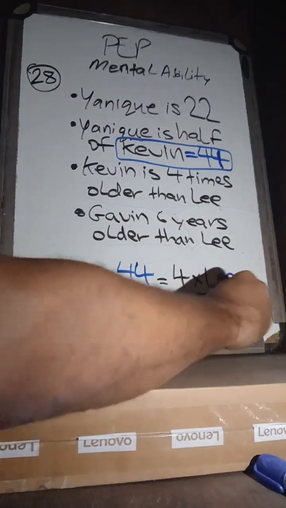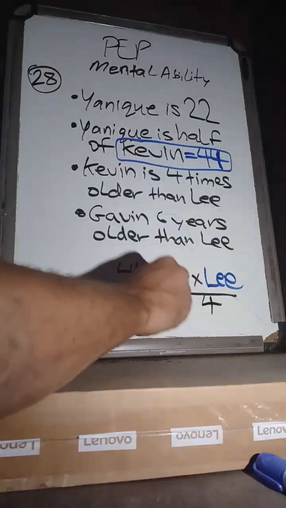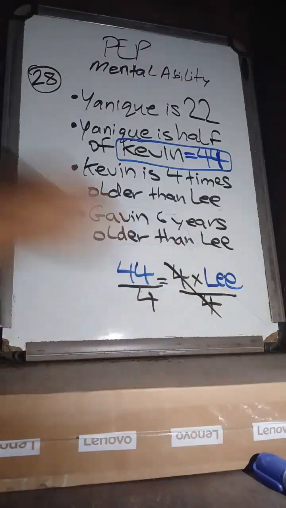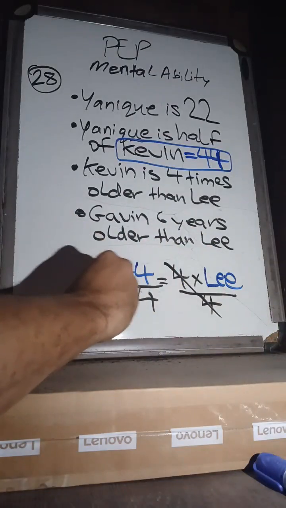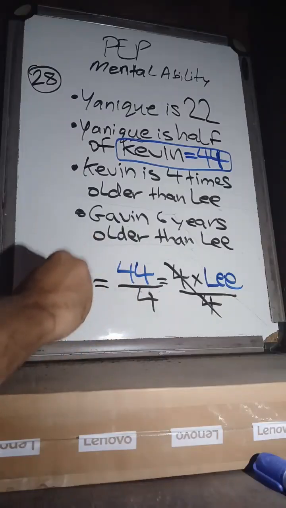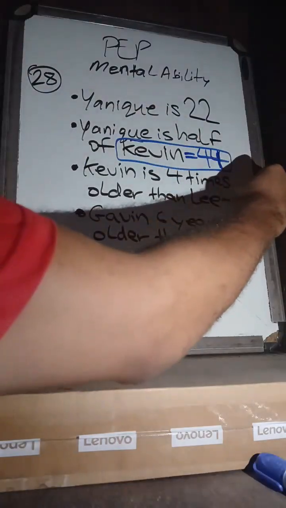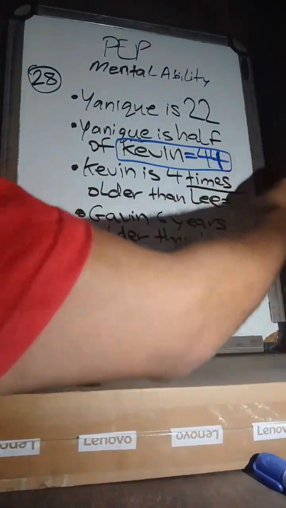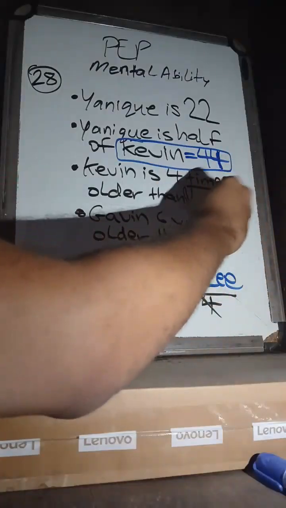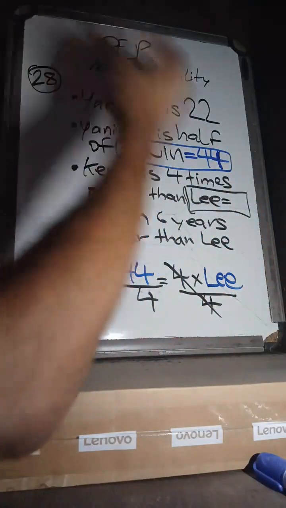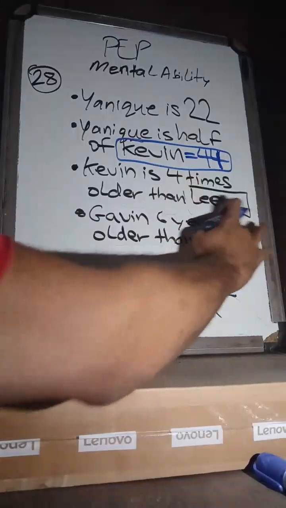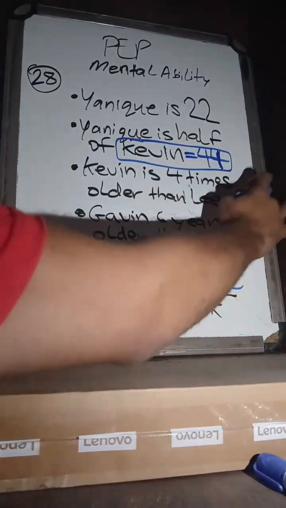Divide this by 4. Divide that by 4. So Lee has to be 11 years old, right? Lee right here. All right, now let me put that in blue then.